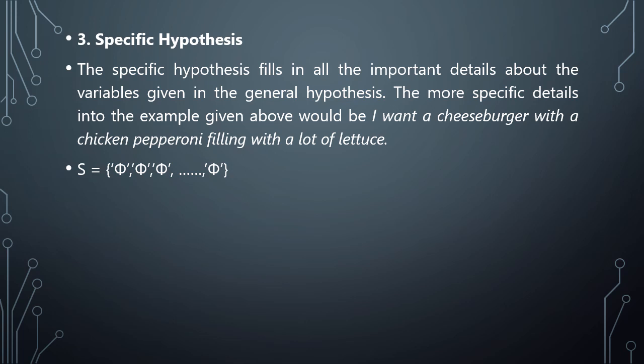Here, we will represent the specific hypothesis in the form of S = {null, null, null}. In the general hypothesis, we are representing with the question mark; in the specific hypothesis, we are representing with the null. This is the difference between the general hypothesis and the specific hypothesis.